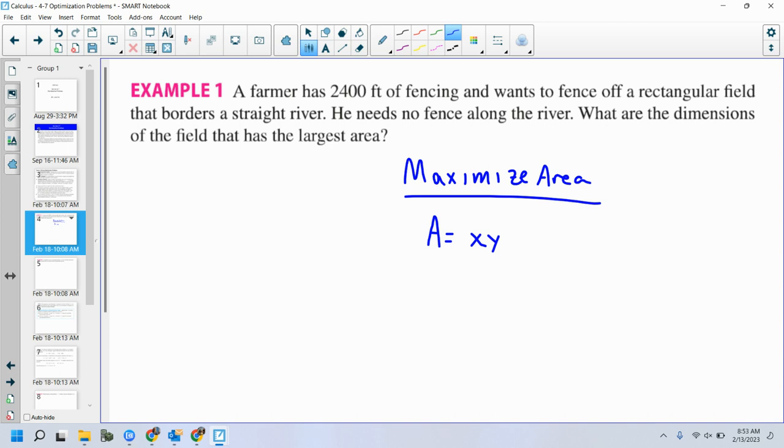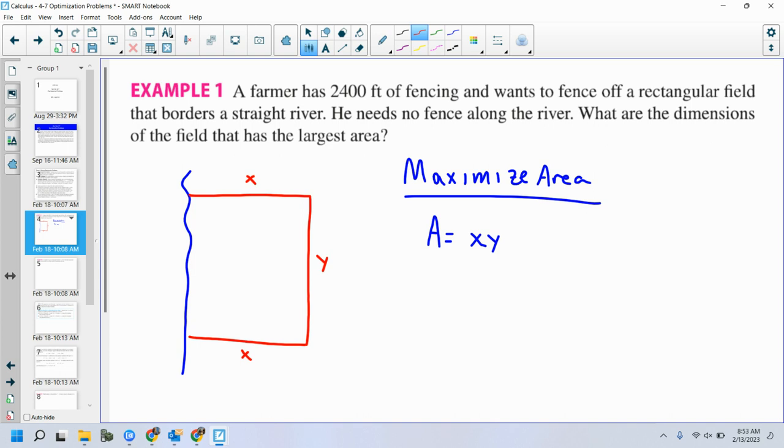Here's what I mean. Okay, so we got this river. Let's draw in our fencing that we have. If I call this dimension x, what is this dimension down here? x. So therefore, that would be y. We're told one other useful piece of information, that I have 2,400 feet of fencing.